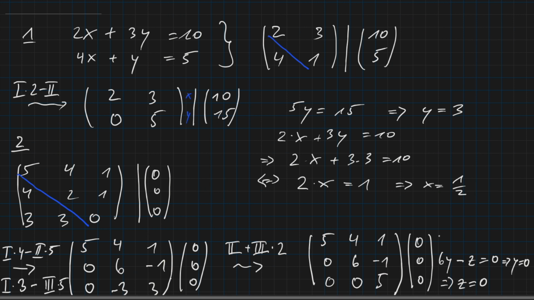And then we have 5x plus 4y plus z equals 0, but y is 0 and z is 0, so this is just 5x equals 0, means x is 0. So we solved also the second system of equations.